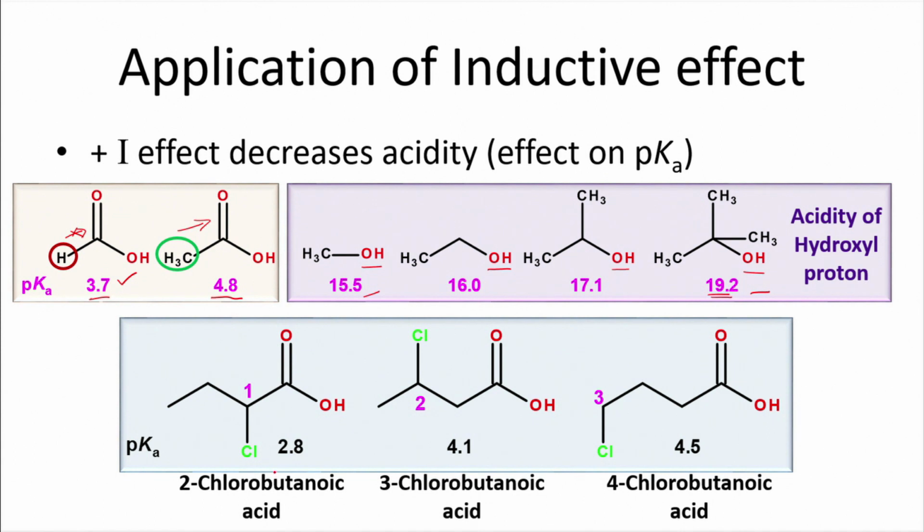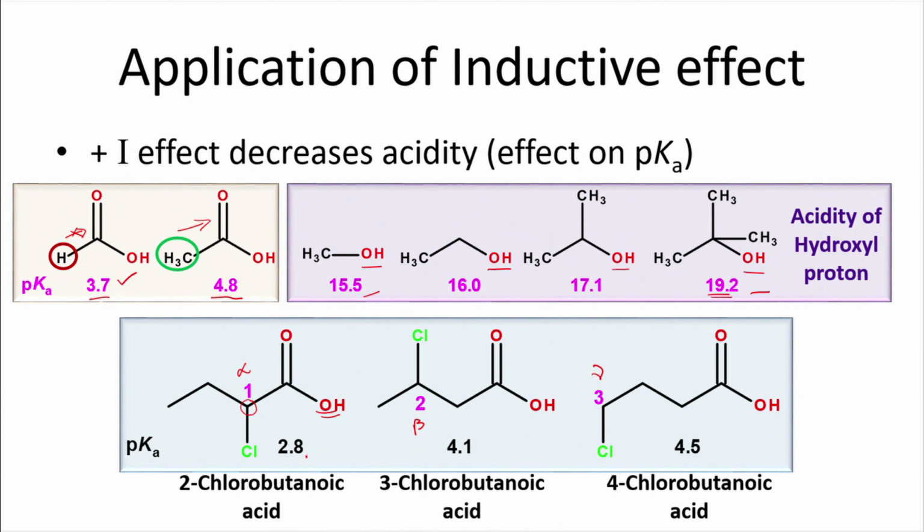And similarly, when we talk about the distance from the carboxylate unit, this is the alpha position, then this is the beta or the 2 position, and this is gamma or the 3 position. So, we have a comparison of pKa for 3 different acids.